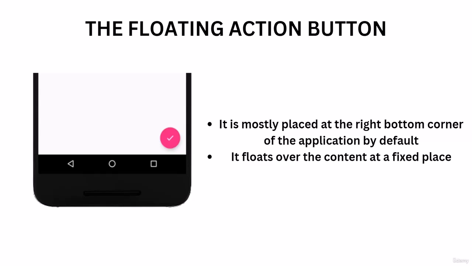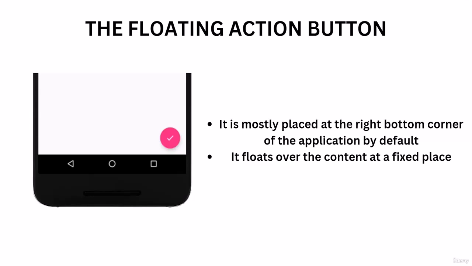It also floats over the content at a fixed place. Let's say your application has some text and other things inside it. In the case of the floating action button, it stays elevated, on top, at a fixed place.